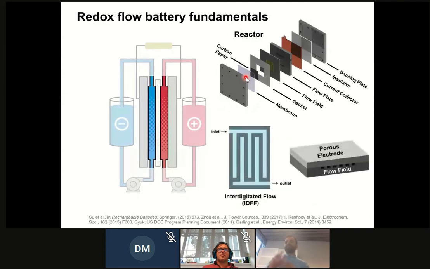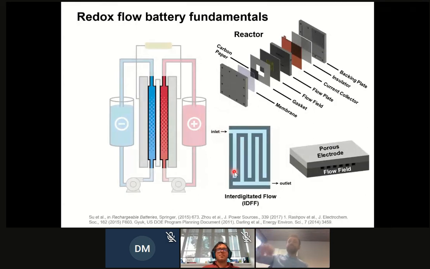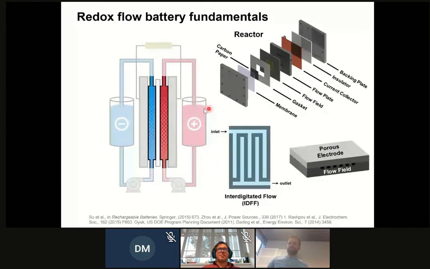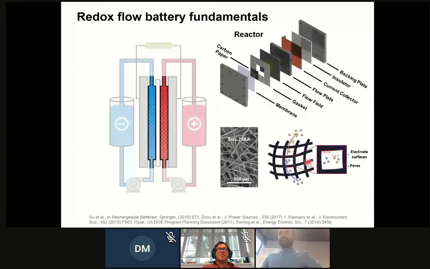If you go now from the inside out, you have these flow fields, these elements that are there to distribute the liquids. You want to make this flow field in a way that the pressure drop is as low as possible and that you get very good liquid utilization, electrode utilization throughout. In between the flow field and the membrane, we use these porous electrodes. Porous electrodes in flow batteries are something like you see here on the SEM.